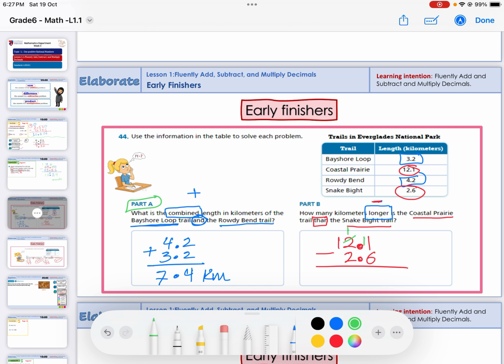The 1 will become 11. 11 minus 6, that will be 5. Place the point down. 1 minus 2, again, it cannot happen. Go next door and borrow. This will become 0, and this will become 11. 11 minus 2, that will be 9. So, how many kilometers is the coastal longer than the snake? It is 9.5 kilometers longer.